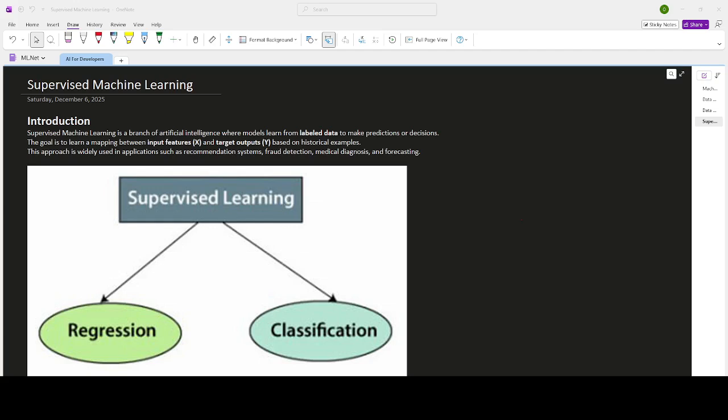Let's try to understand supervised learning in layman's language, or in general terms. Think of it like showing a kid lots of pictures of cats and dogs, telling them which is which, and later asking them to identify a new picture.